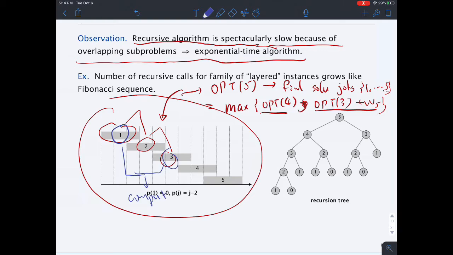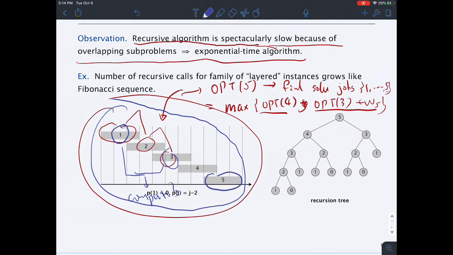So this has a very specific configuration. If I look at the fifth job, I want to find its optimum solution. I recurse. There are only two cases. The first case is I do not include job 5. In this case, the optimum solution would be OPT4.